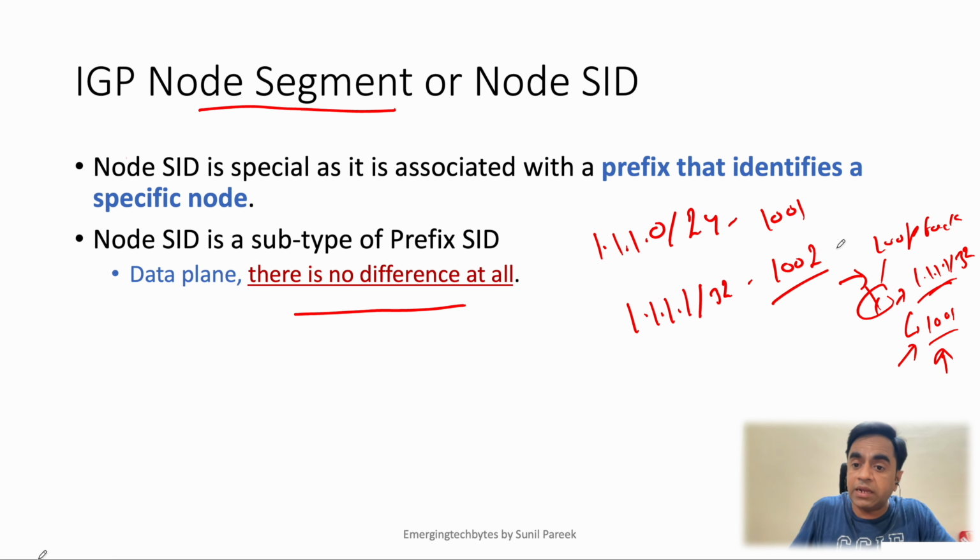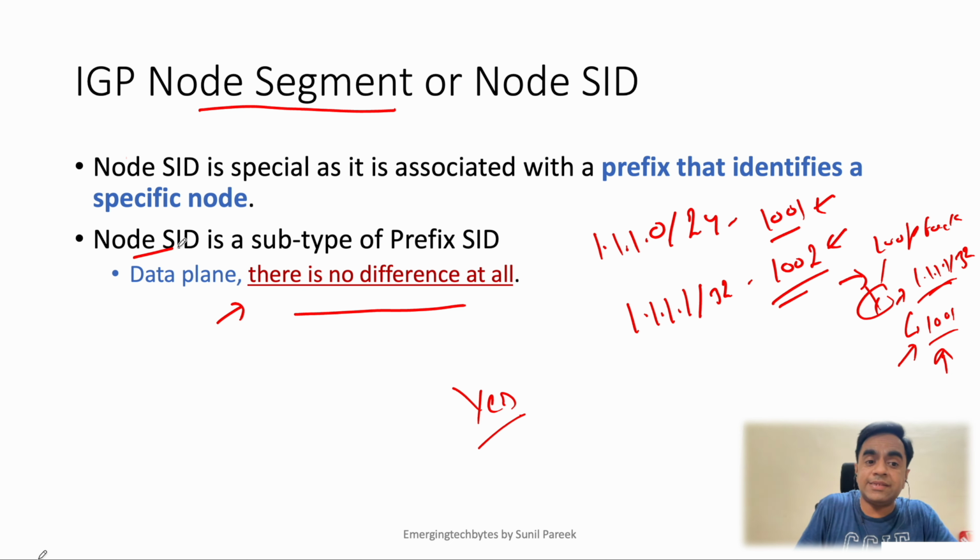But from the data plane perspective, they are just a label for me. When I say there is no difference from the data plane perspective, all you will see is the label in the data plane. But does that mean there is a difference from the control plane perspective? The answer to that is yes.